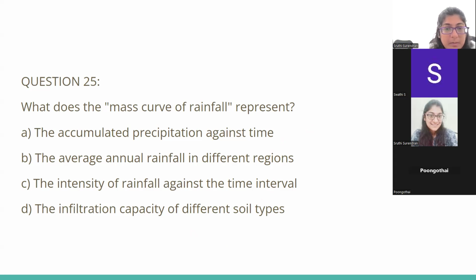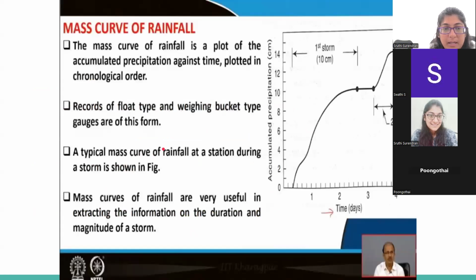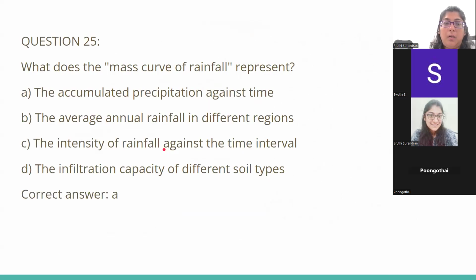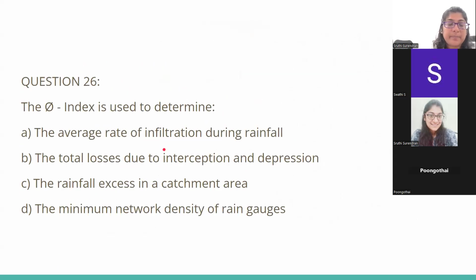Correct answer, it is accumulated precipitation against time. We had talked about what a mass curve is. Accumulated precipitation versus time, and accumulated precipitation is plotted in chronological order. So correct answer is option A.